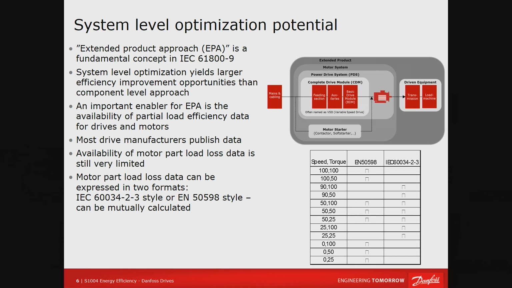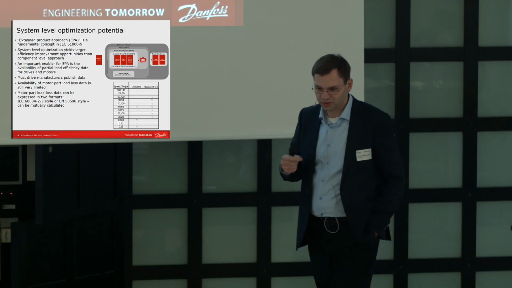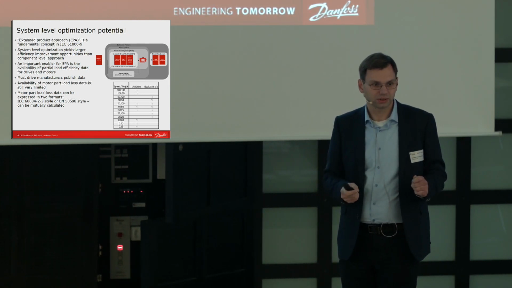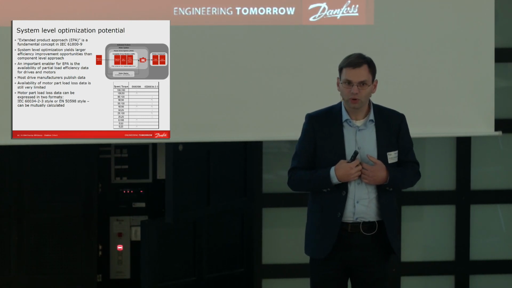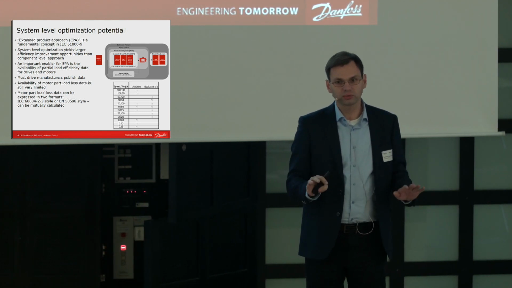In the new drive standard for energy efficiency, 61800-9, we have the system where we have the drive and the motor. And if we look at system level, there we can do most of the improvements. But an enabler for this so-called extended product approach is data availability. That means I need to know what the efficiency is of the drive and of the motor, not only at full load.